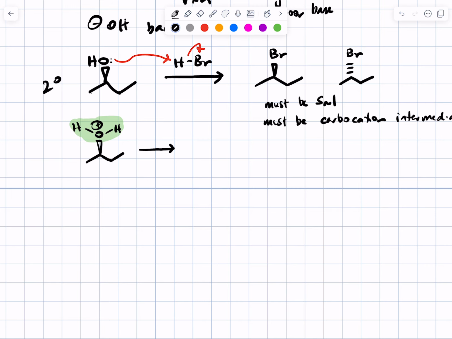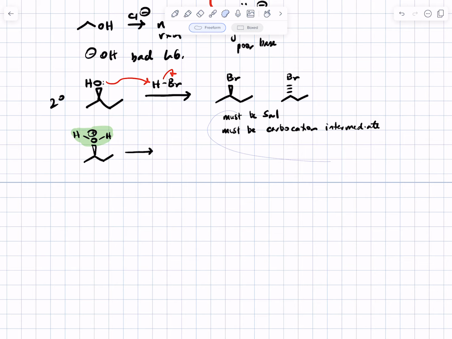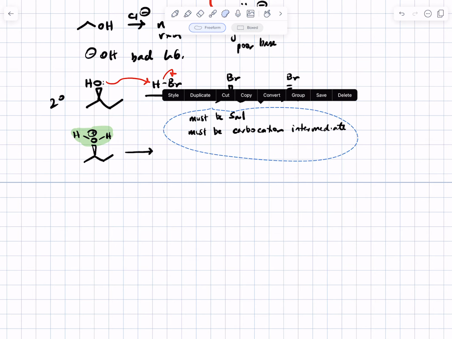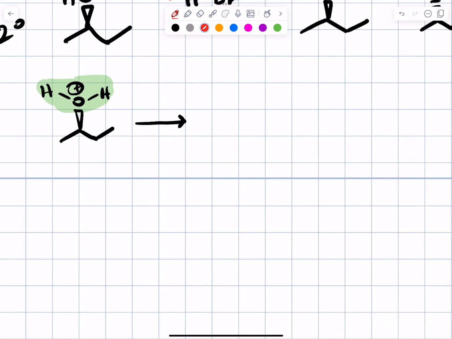Now, what must happen based on the experimental results is that first the leaving group leaves to give a carbocationic intermediate.